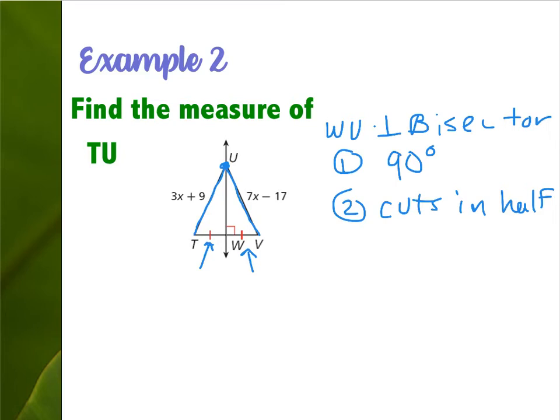Right, it's equidistant. So they're the same distance. So since 3x plus 9 is the same distance as 7x minus 17, how do we find x here? What equation do we need to set up? Right, 3x plus 9 is equal to 7x minus 17. So now we just solve for x.